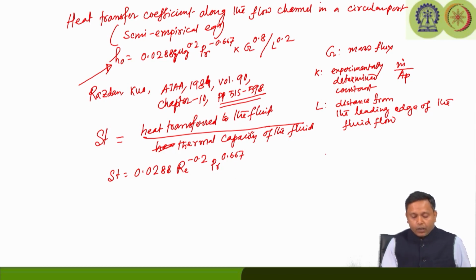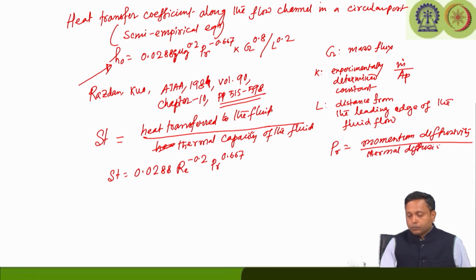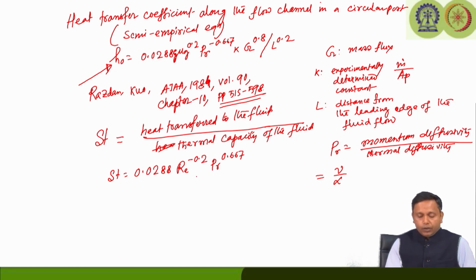As for the Prandtl number, I think we all know it relates momentum diffusivity to thermal diffusivity, written as nu by alpha. So, it relates the flow parameters along with the properties of the fluid, combining them in these empirical equations.